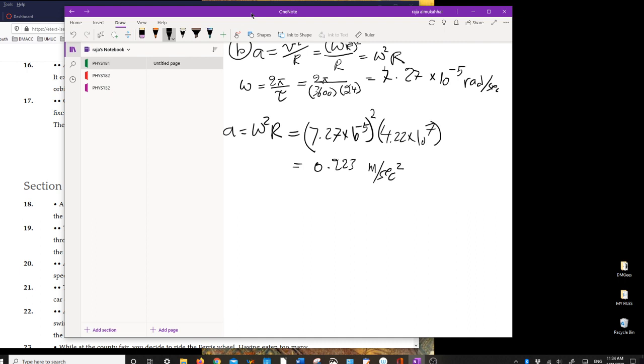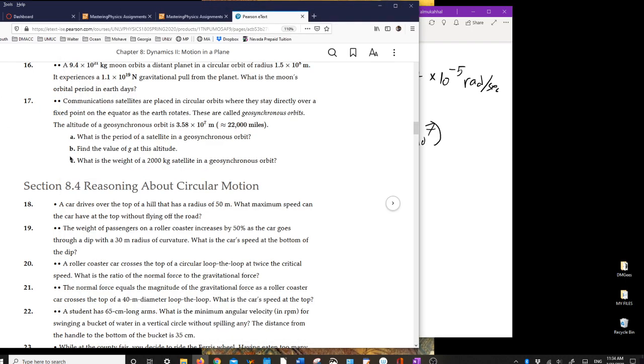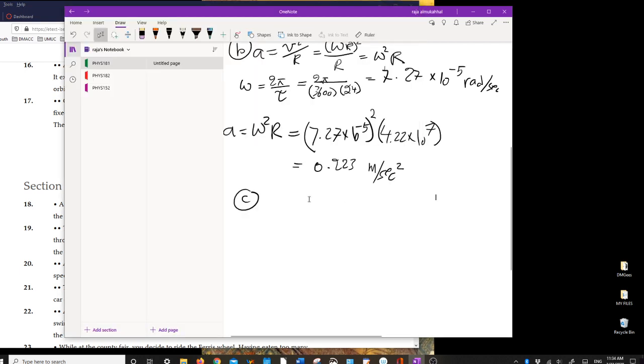Okay, got it, everyone? And then part C here, it says what is the weight of a 2,000 kilogram satellite in a geosynchronous orbit? Now this is kind of a trick question, since there is no surface where the satellite is sitting on, if you will. That means there is no normal force. In this case it is basically weightless.